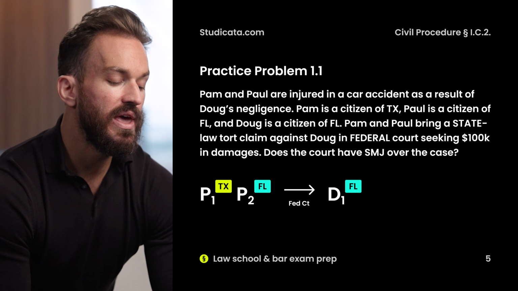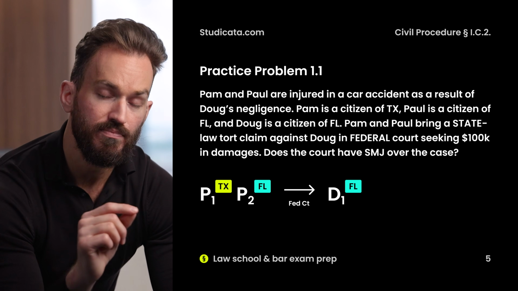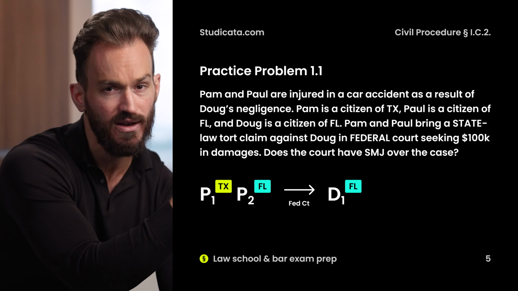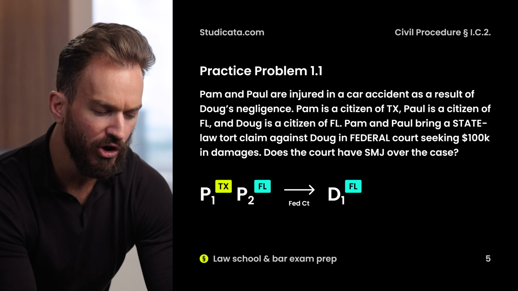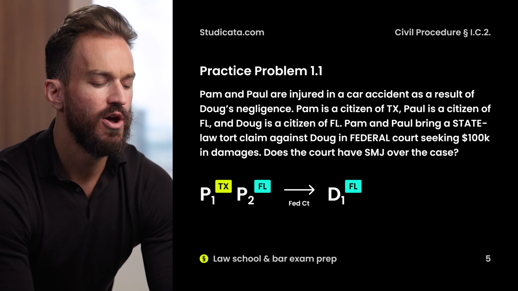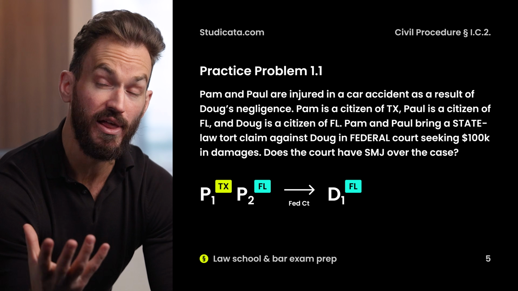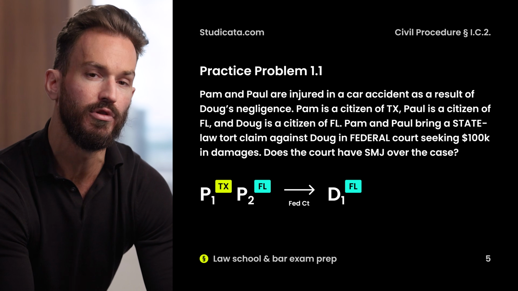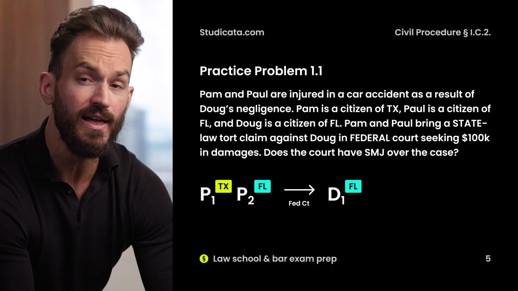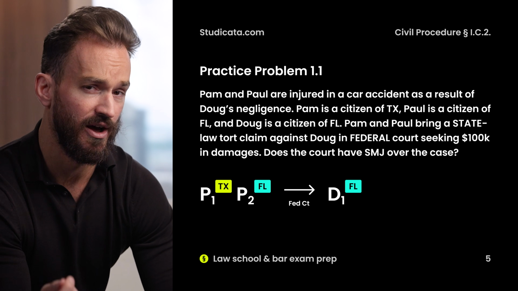And here we actually diagram it up. So we put all of our plaintiffs on the left side of the arrow, and let's put all of our defendants on the right side of the arrow. So if we draw it up like it is on the slide, we have a plaintiff who is a citizen of Texas. We have another plaintiff who's a citizen of Florida suing a defendant who is also a citizen of Florida.